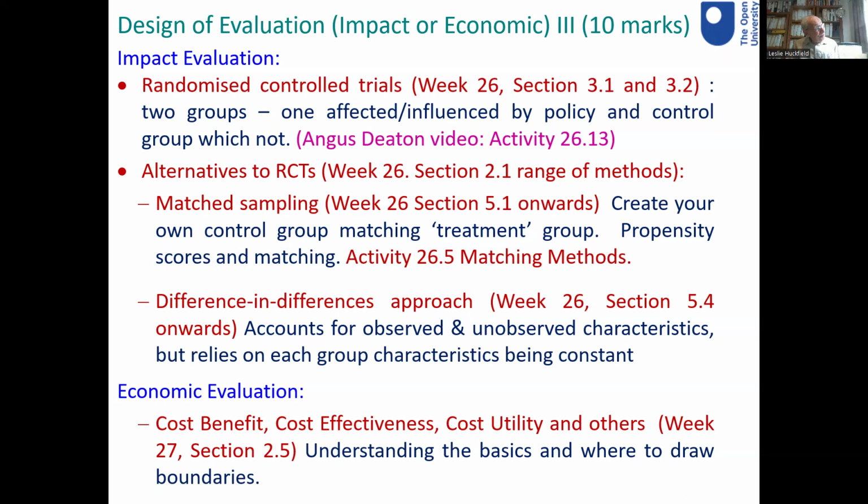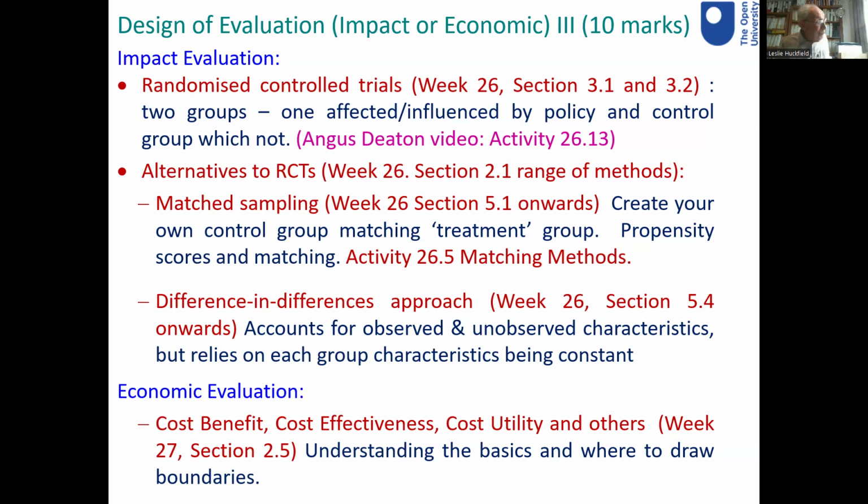Now, again, this is quite intriguing and important stuff, because all the time what you're trying to do is to make sure that what you're looking at can be compared with something similar elsewhere. RCTs is one way of doing that. Matched sampling is another.